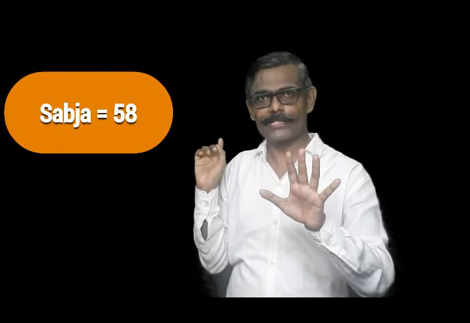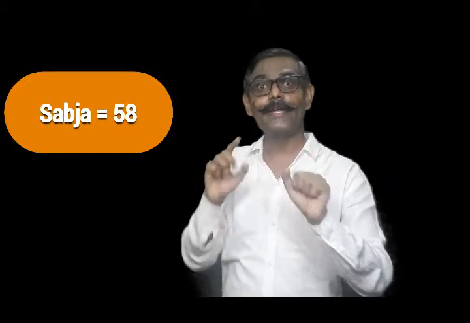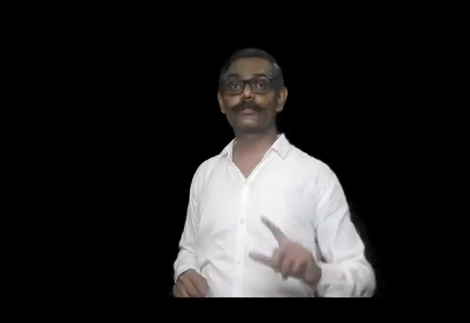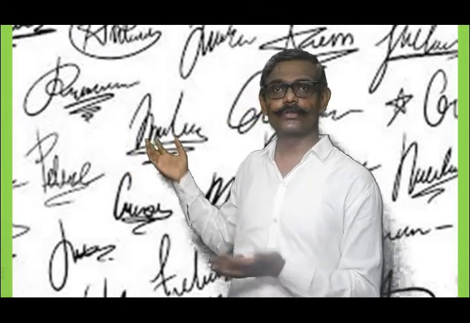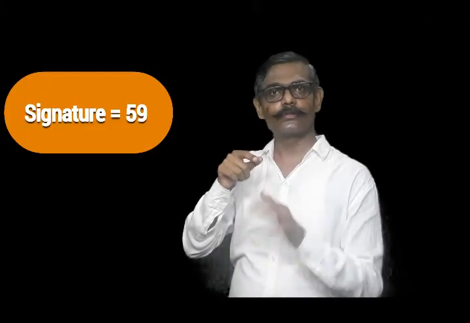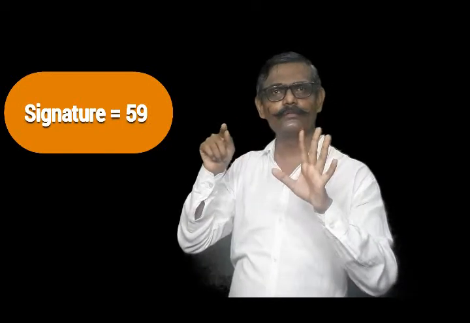Which second image was there? Sabja. S means 5 and B, no doubt B is small here, but we are considering B as 8. So 58. The third image was of a signature, sign.